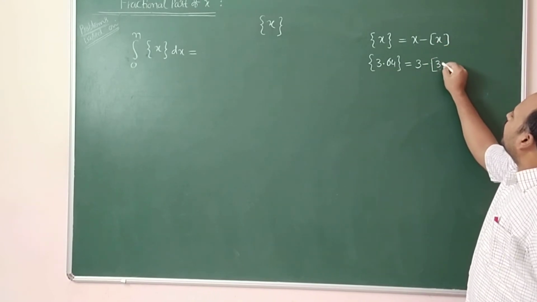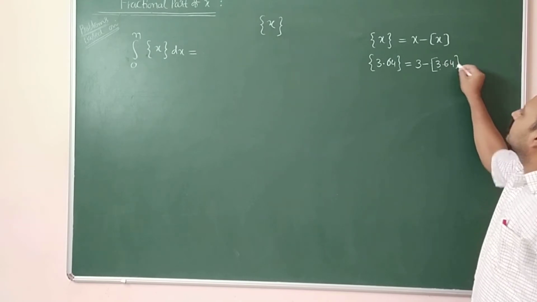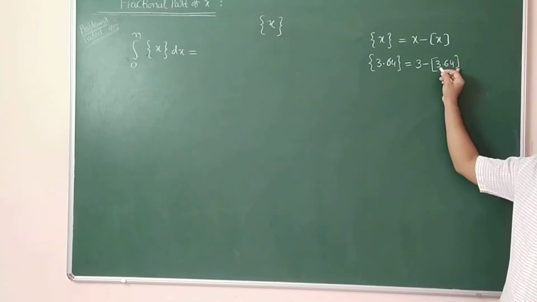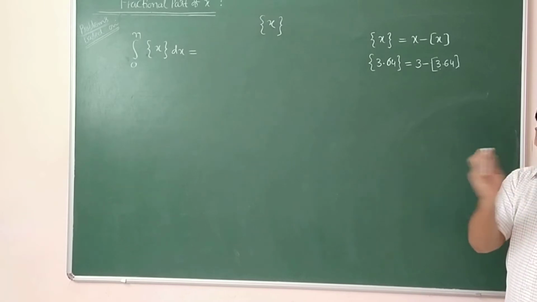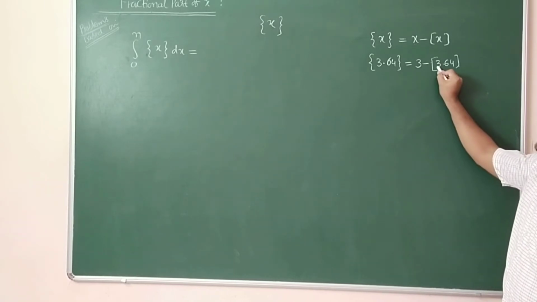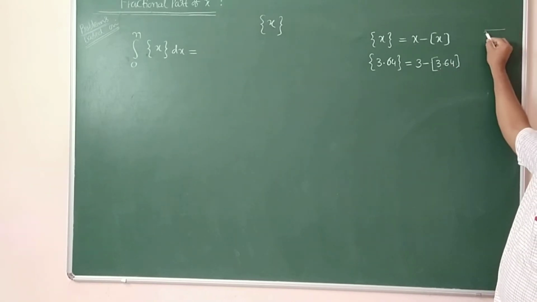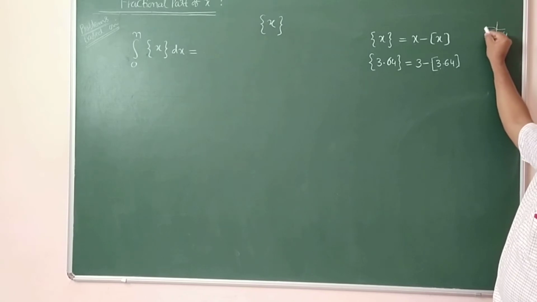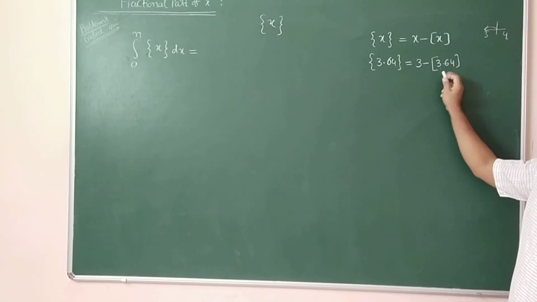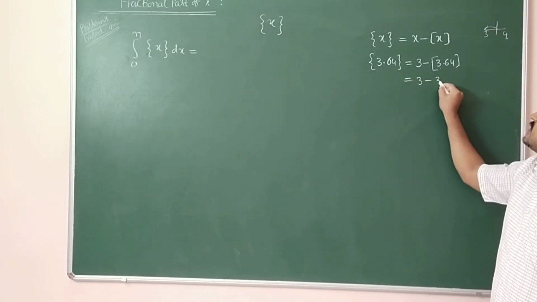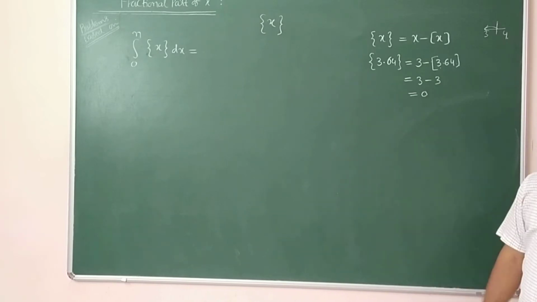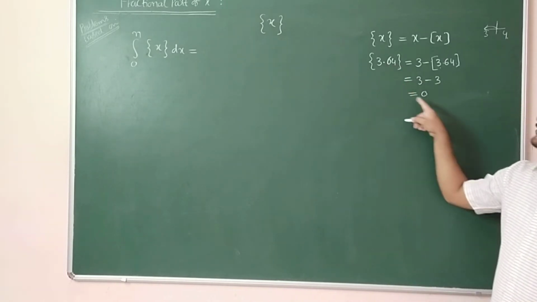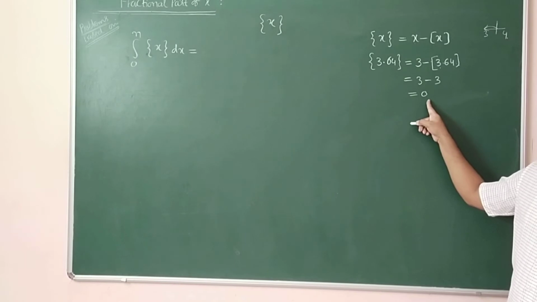Step of 3.64 means it lies between 3 and 4. Whenever the value 3.64 lies between 3 and 4, it will take the left side value. So step of 3.64 is 3. So 3.64 minus 3 gives the fractional part.